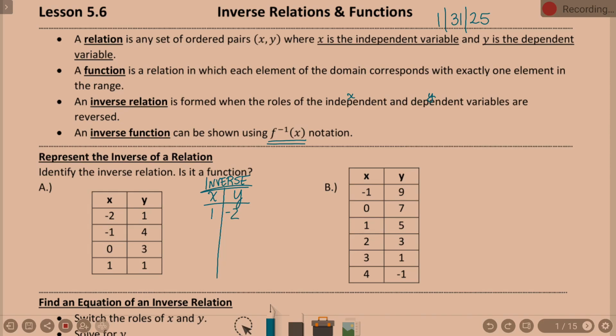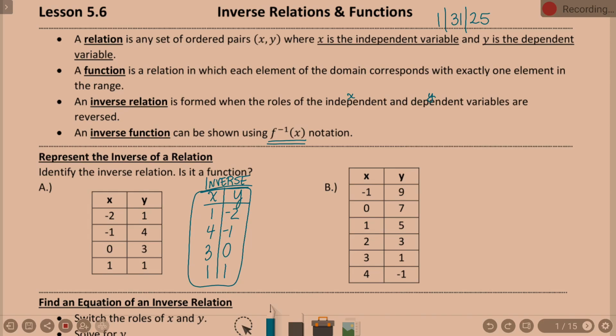If (-1, 4) is in the original function, what's going to be in the inverse? (4, -1). If (0, 3) is in the original, (3, 0) is in the inverse. And if (1, 1) is in the original, (1, 1) is in the inverse. That's your inverse right there.